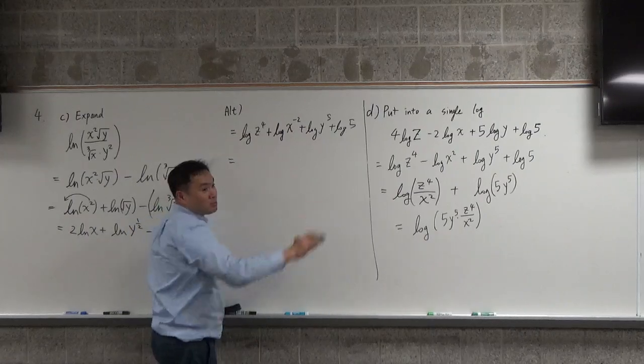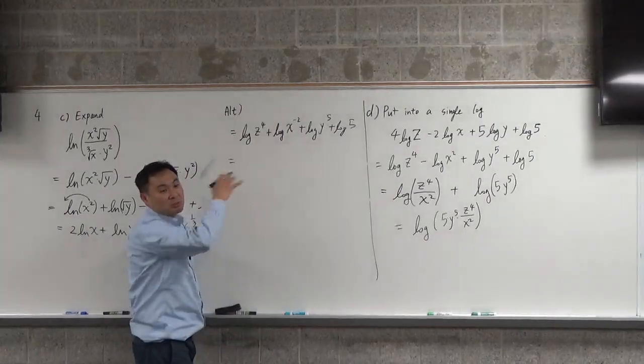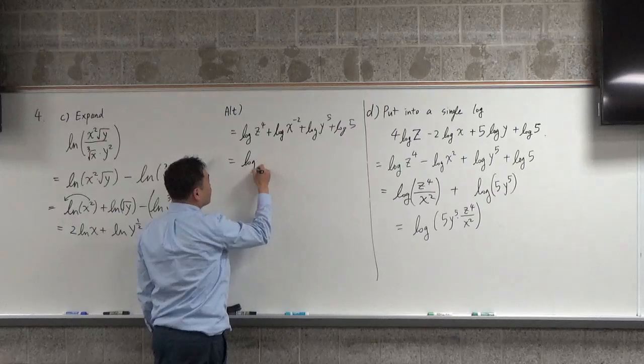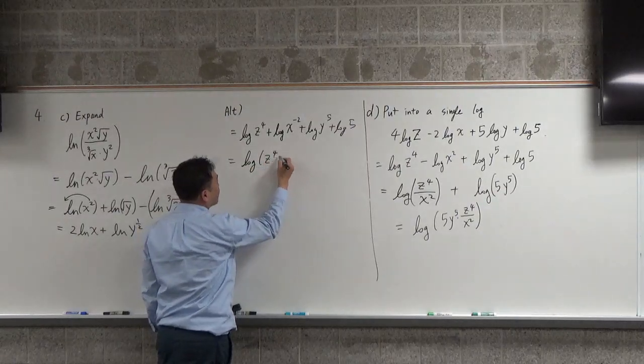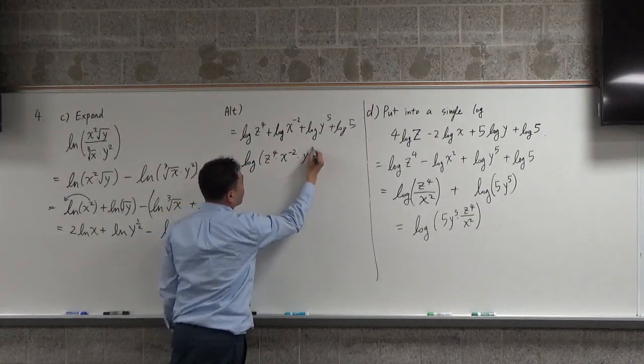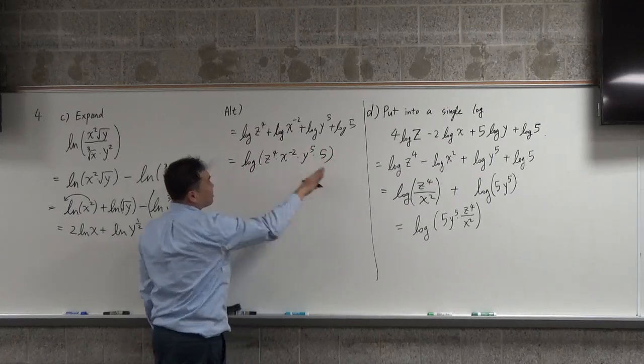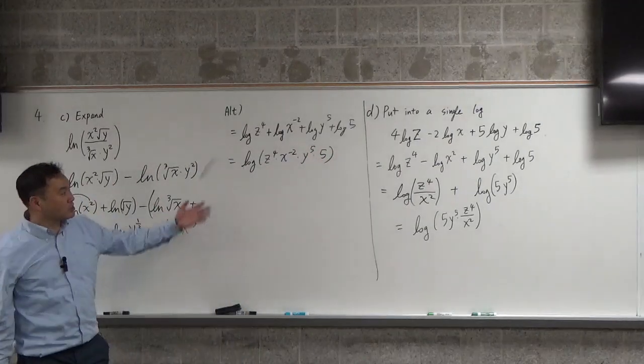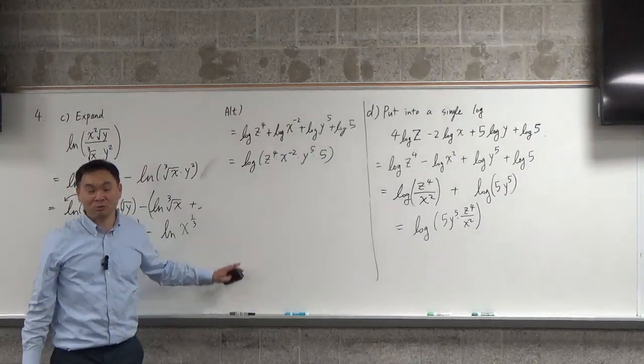Then since everything is plus, we just have to multiply everything at once. Now I have put everything into a single log, so that's an alternative full solution, full credit solution.